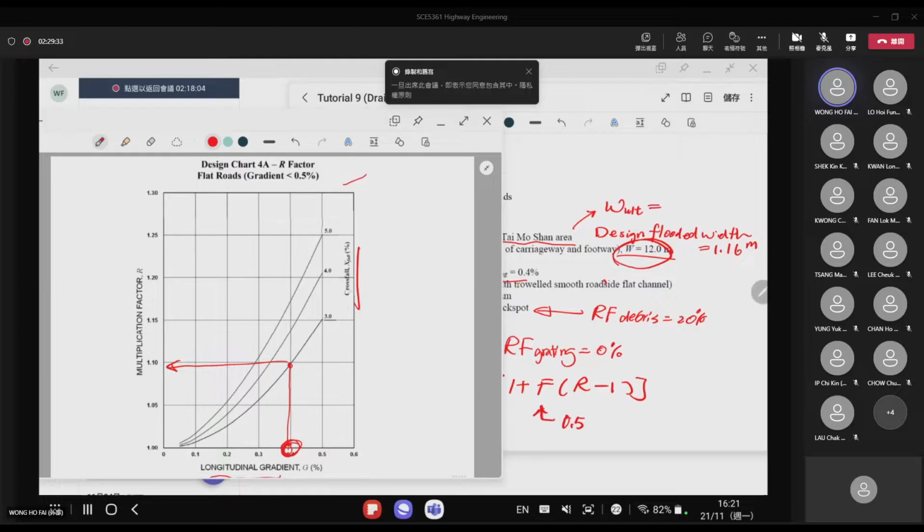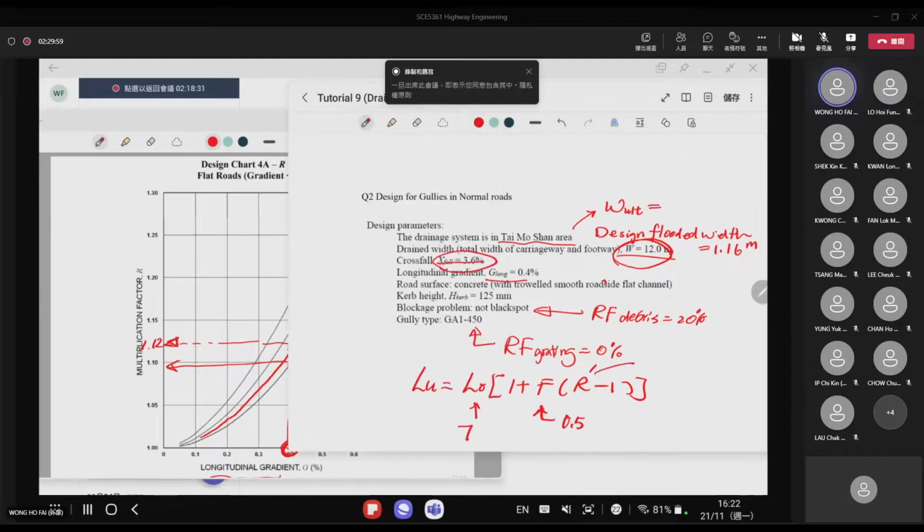And then your cross fall is equal to 3.6. So you draw a 3.6 here. Your value is in between, so around it is equal to 1.13 or 1.12. So this R is around equal to 1.12, right?